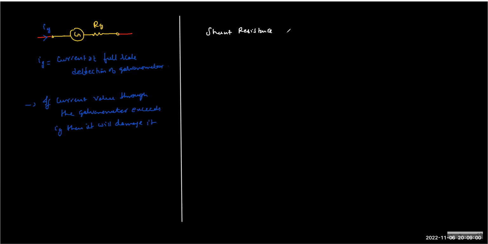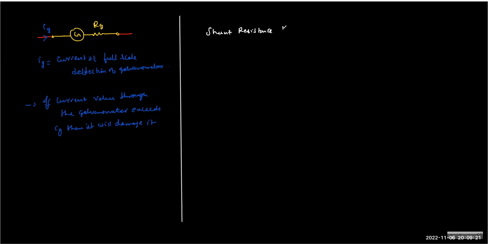Shunt resistance is purely specification based. Depending on what kind of range of operation we want to achieve, we calculate the value of shunt resistance.